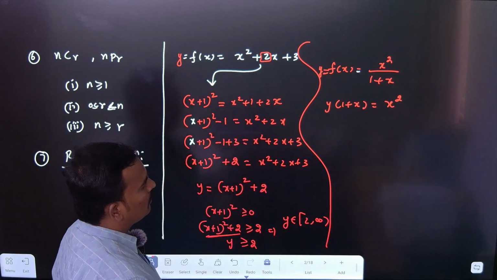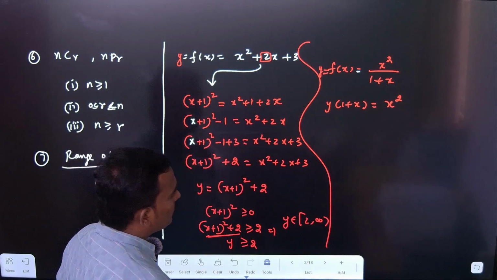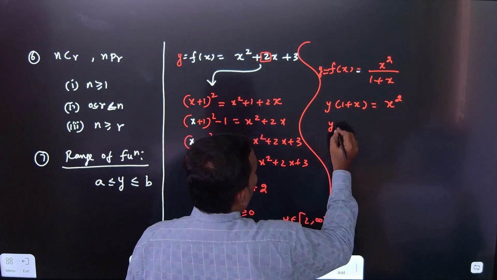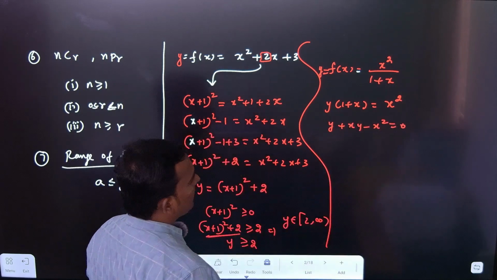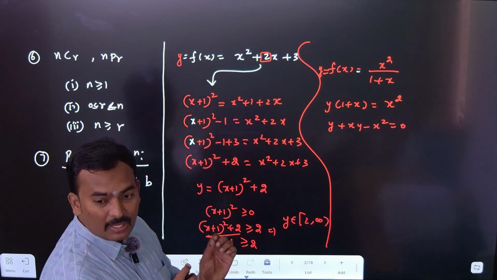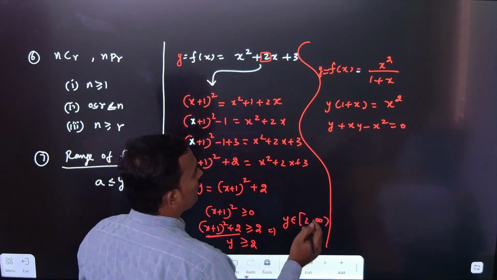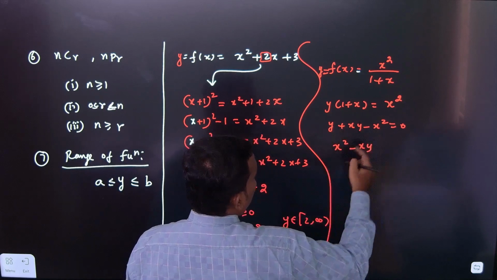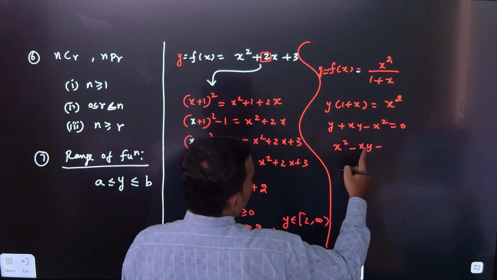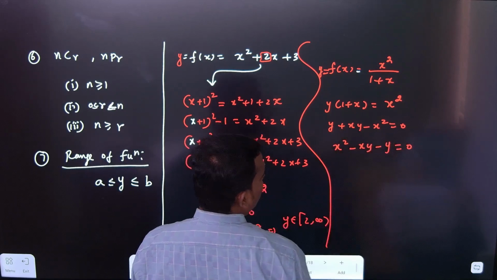Then you can expand: y plus xy minus x square equals 0. Now multiply by minus 1 on both sides. What will we get? x square minus xy minus y equals 0.